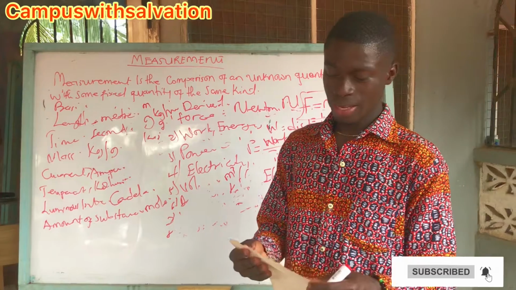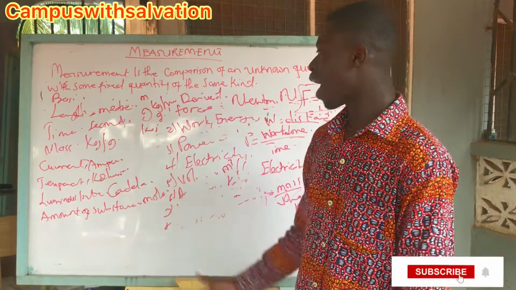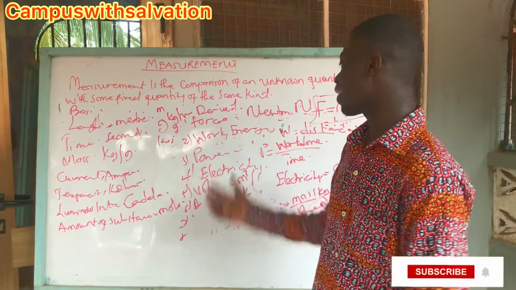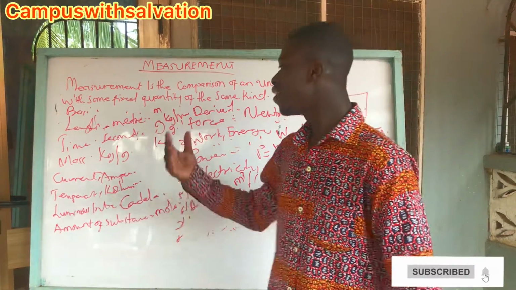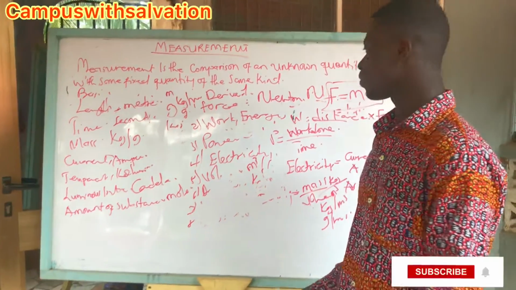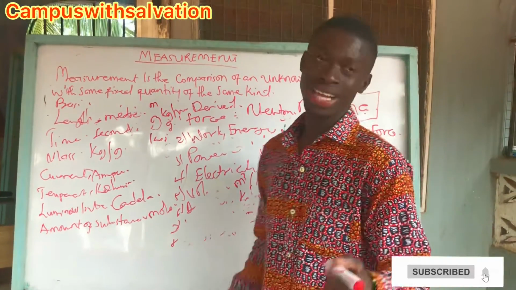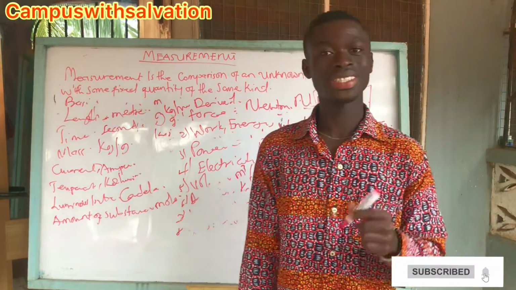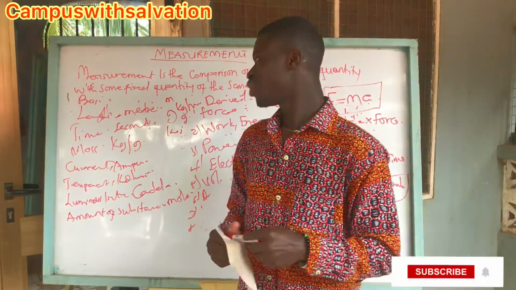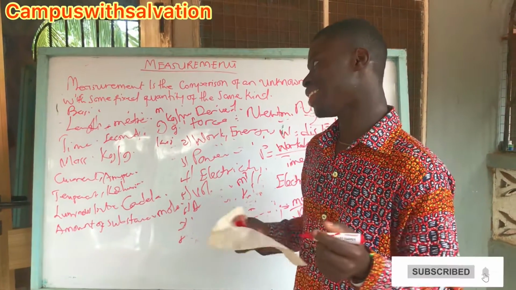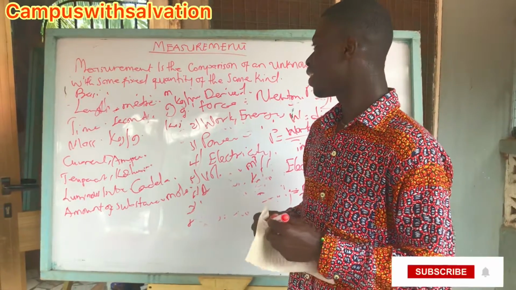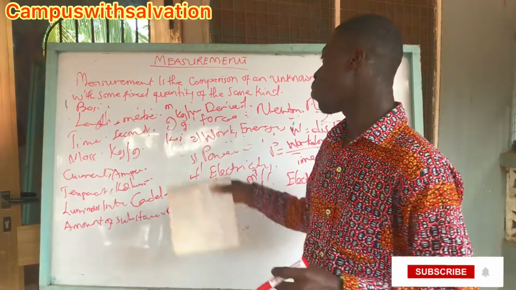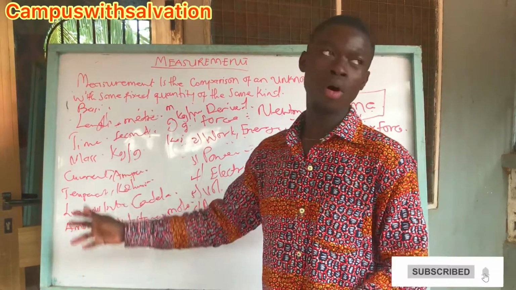I know that each and every one of you can now relate with the formulas for finding force, work done or energy, power, electricity, volume, current, and those things. As I started, I told you we have two main kinds of quantities: the derived quantities and the basic quantities. I am sure at the end of this lesson, you can all differentiate what basic and derived quantities are. Derived quantities can be obtained from the combination of two or more of the basic quantities.